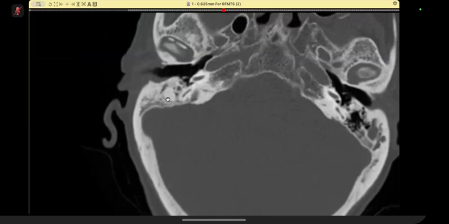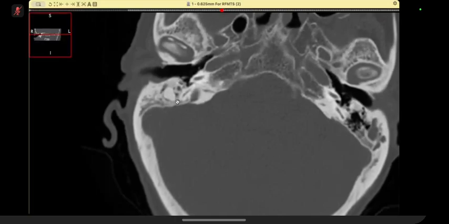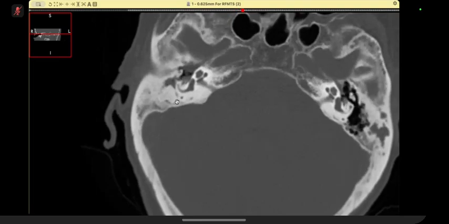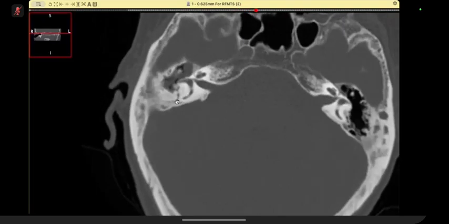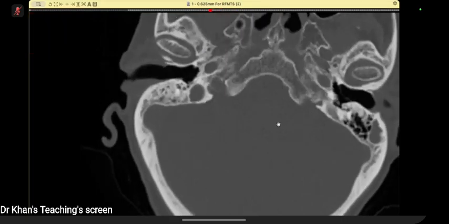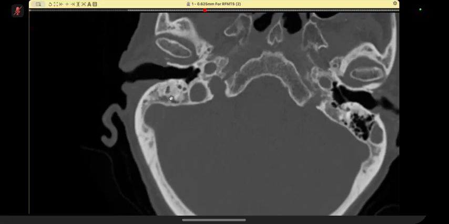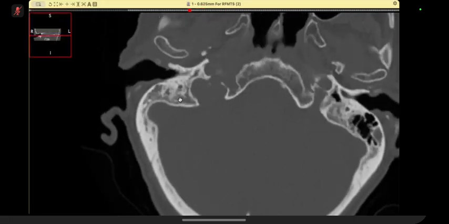Okay, you said initially in your description of the mastoid air cells that there is destruction also. Where is the destruction? Point it out to me in the mastoid air cells. This is where you started, right? Yes, sir. Sir, if compared to the left, there is loss of the mastoid cells.